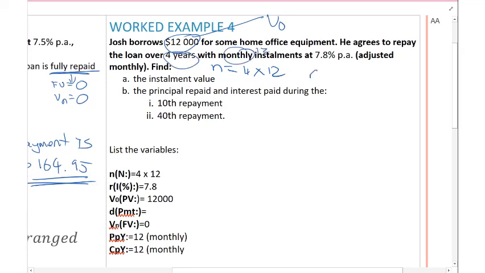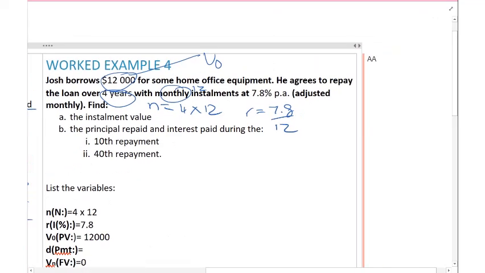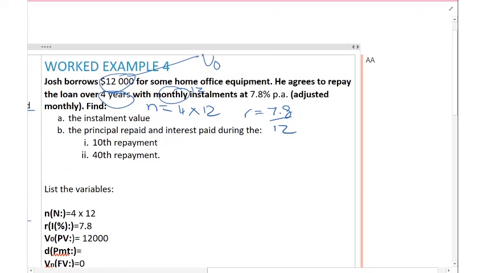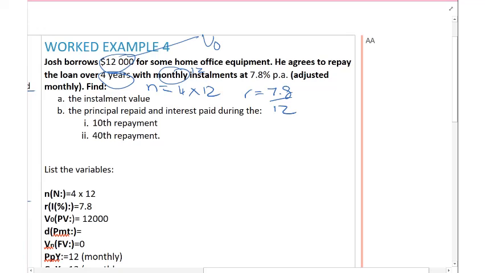And my little r is going to be 7.8 divided by 12. And how do we know that? Well, because it's monthly installments. So if you're going to use the annuity formula for this one, this is what you'd have to do.